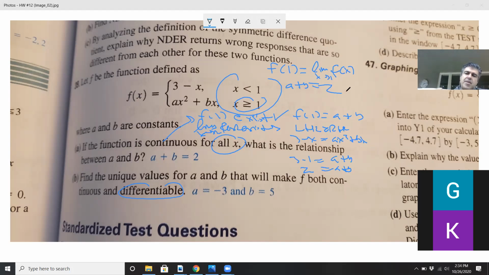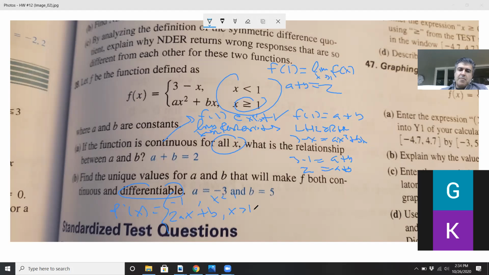Now for part B, we have to take it a step further. We have to force differentiability. So you could use a shortcut rule. That's going to be -1, and that's going to be 2ax plus b. Remember, derivative of x squared is 2x, but there's an a next to it. Derivative of x is 1, but there's a b next to it. And of course, for these conditions here.